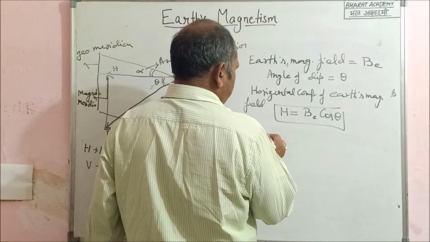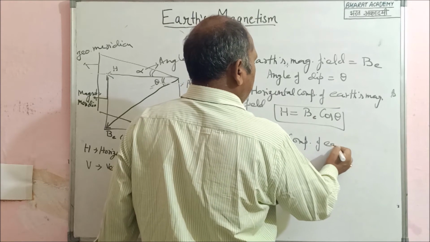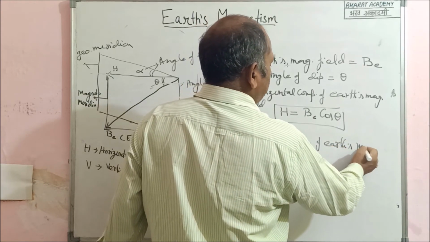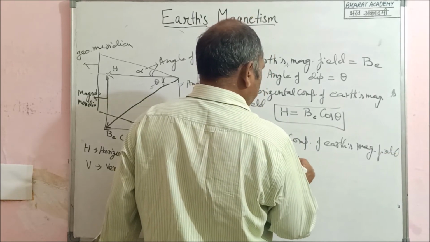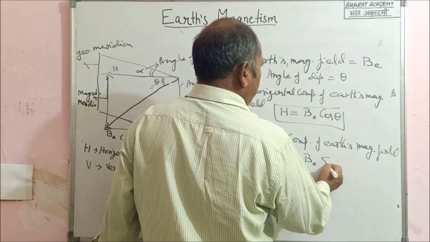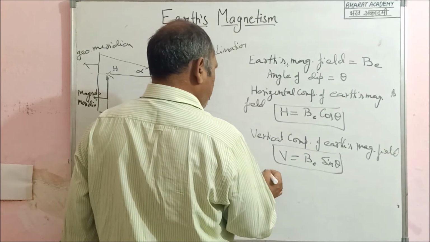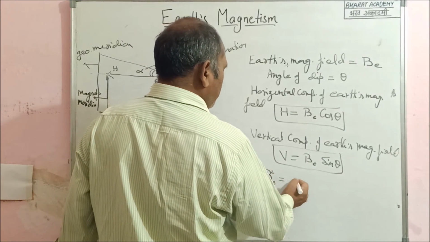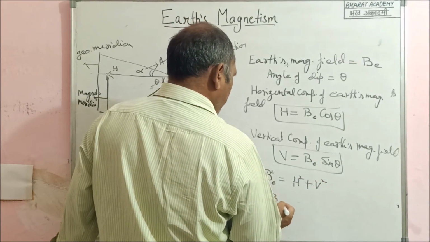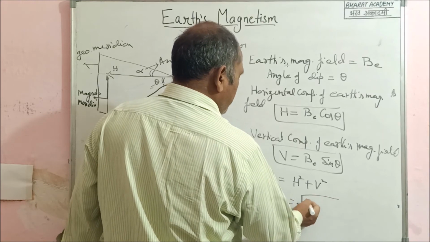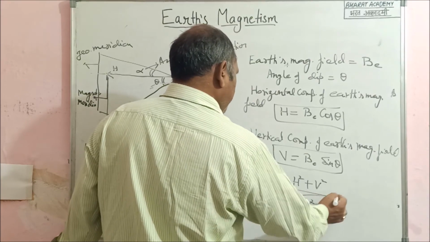The vertical component of Earth's magnetic field is represented by capital V. That will be BE sin theta, remember, right? And if you do it, you will find that BE squared is equal to H squared plus V squared. So BE can be calculated simply by taking the square root of H squared plus V squared, right?